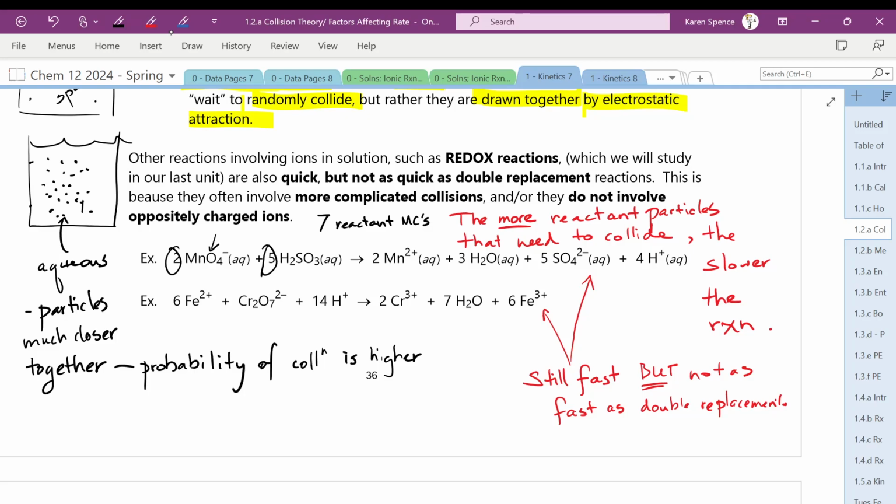And again, you can see in this second reaction here, we've got 6 F2s, we've got 1 Cr2O7, and we have 14 hydrogens. How many is that all together? It's like 21. Okay, that's a crazy number of reactant particles, right? 21 reactant molecules. So that's going to be slower, but still faster than a gas because the particles are closer together.